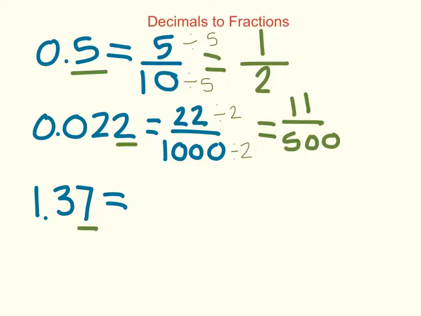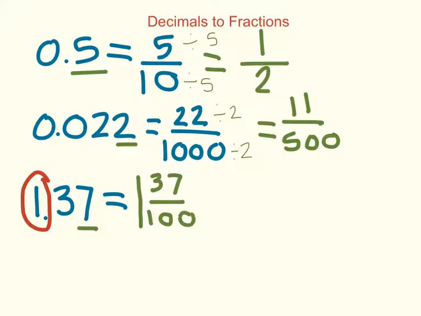To write this, we will have our whole number out in front, 1. When it comes to writing our fraction, we have 37 hundredths. So our number is 37, and it's in the hundredths place, so we have 100 on the bottom. We know that 37 is a prime number and does not divide into 100, so we cannot simplify this fraction.